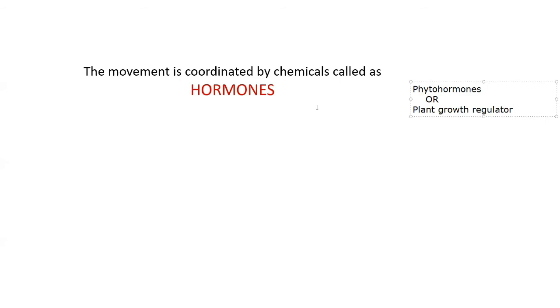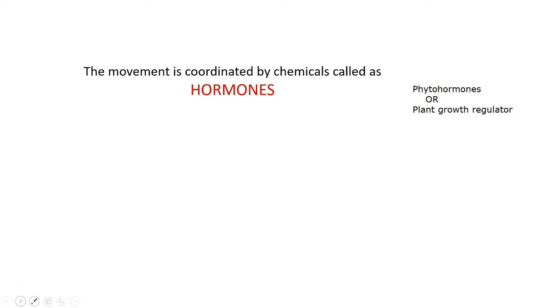So plant hormones can be referred to by these three names: plant hormone, phytohormones, and plant growth regulators. If I call any of these three words, all three mean the same. So please don't get confused. Okay, let's see more further.